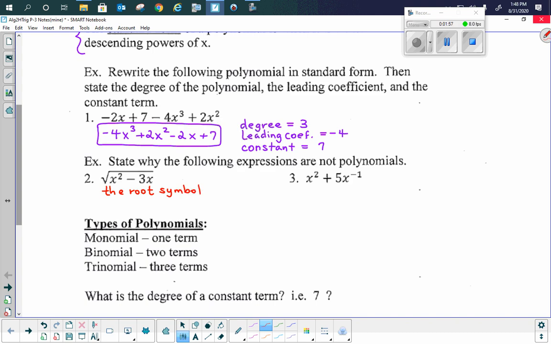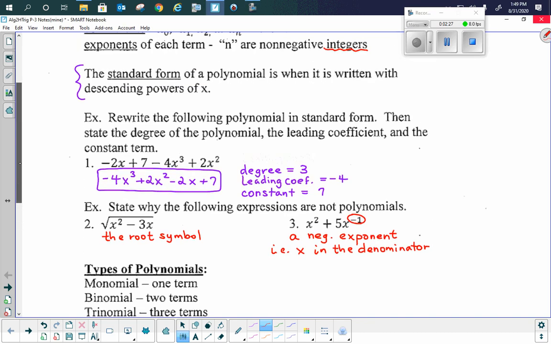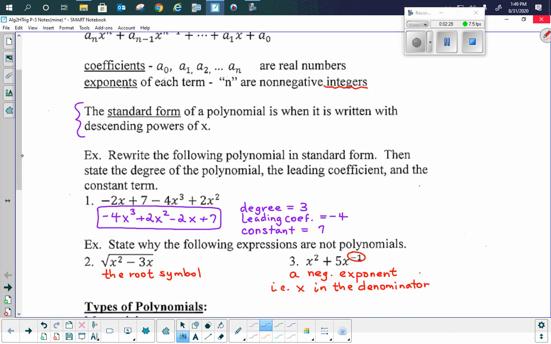And likewise on the right hand side, actually number 3, we would have a problem because of a negative exponent. In other words, that would mean x would be in the denominator. And again, the exponents are supposed to be non-negative integers.